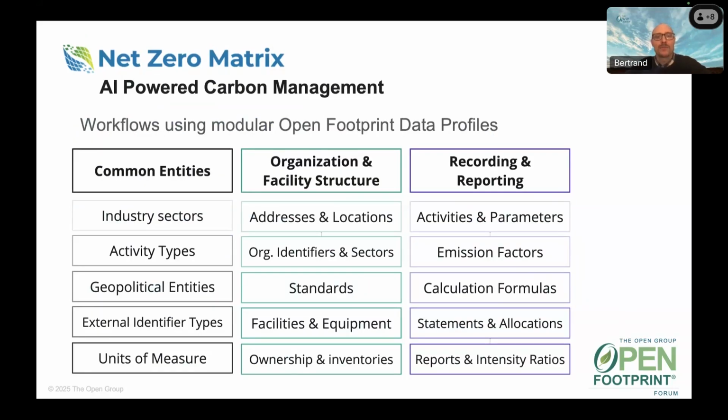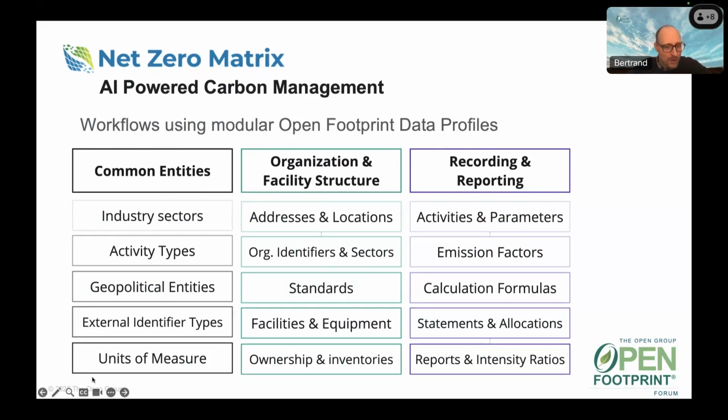So that brings me to this concept of what do we mean by open footprint data profiles, right? We're breaking down the data model into these various chunks of related entities that we can integrate with AI tooling at the various stages in the workflow, from ingestion, extraction, through to consumption. So I talked about common entities as this bridging domain across our various specific domain areas, like facility structure and reporting.